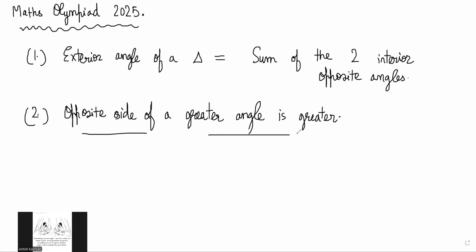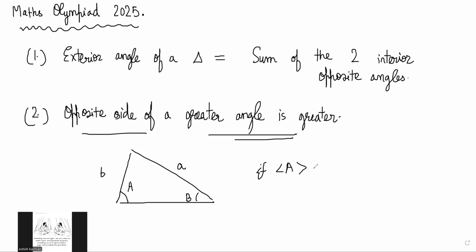Basically, by that, what we mean is if you have a triangle like this, and angle A is bigger than angle B, then the opposite side small a will be bigger than small b. Do you understand what I'm saying?